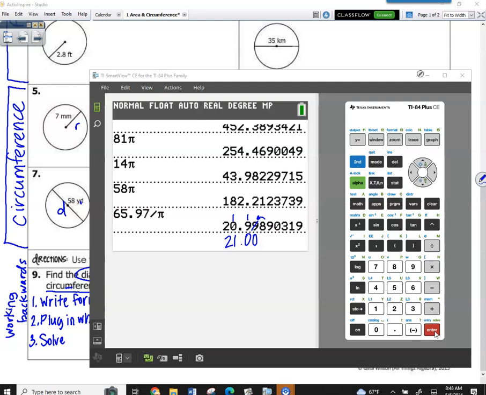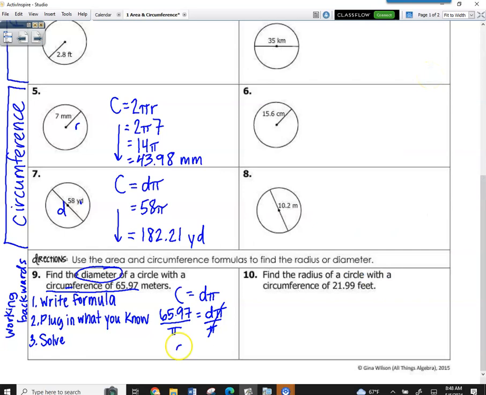Now that is not domino rounding. That is rounding to the nearest hundredth. It's just that the numbers are 9, and so when they round, they become 10, and you have to carry the 1, okay? So don't think that that's a domino rounding. You don't ever want a domino round. So the diameter is 21.